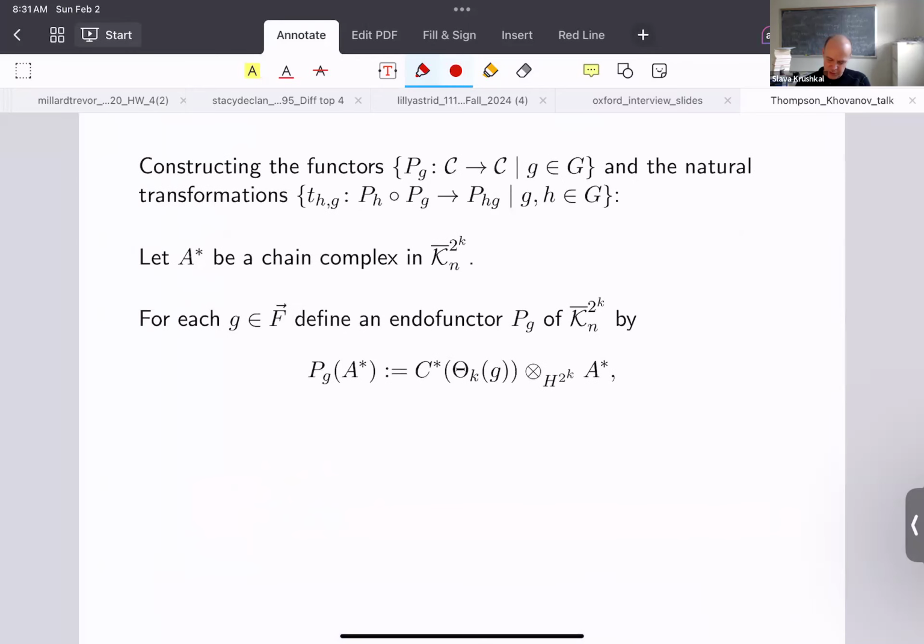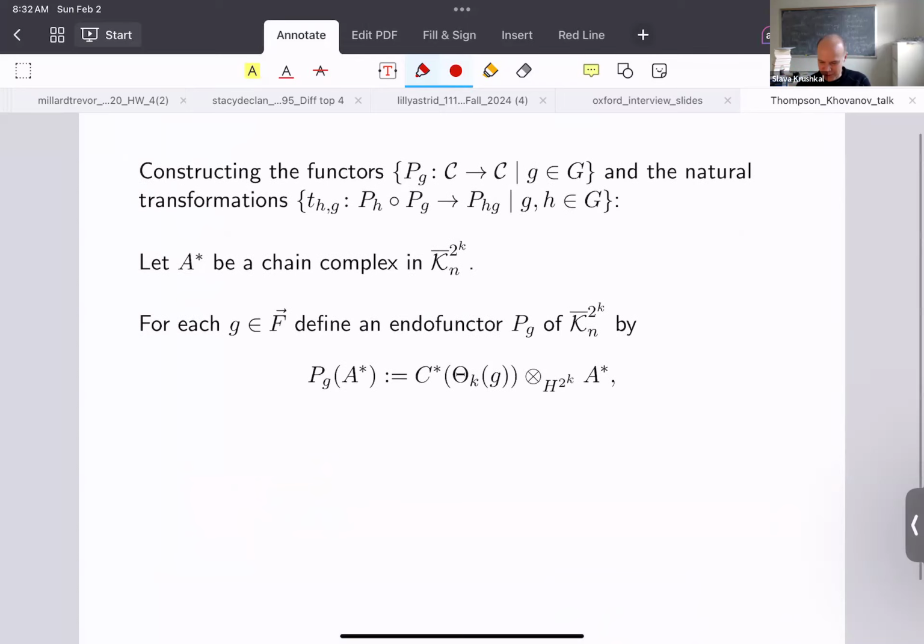So we're going to have functors. For each group element in the Thompson group F, in this case, the general notation is G, but in our case it's the Thompson group F. So given an element of the Thompson group, we would like to define a functor that acts on this category. And then whenever we multiply them, we would like to define a natural transformation.